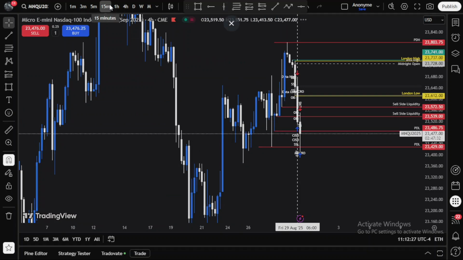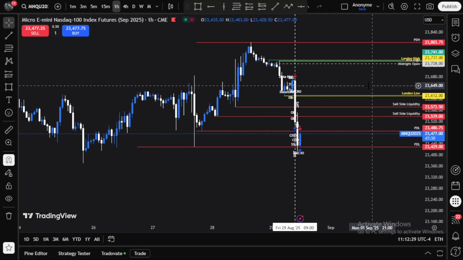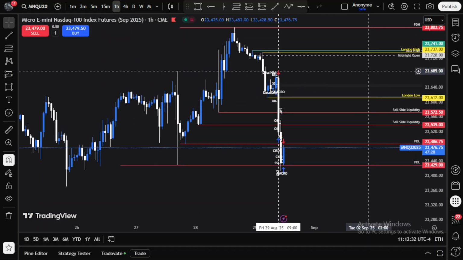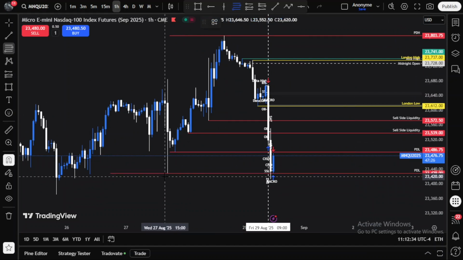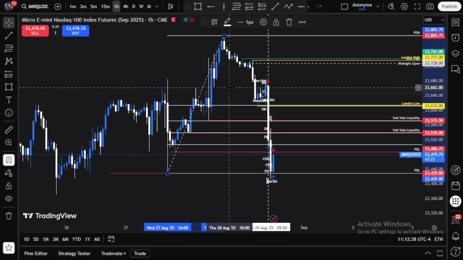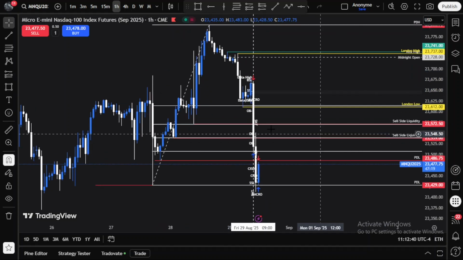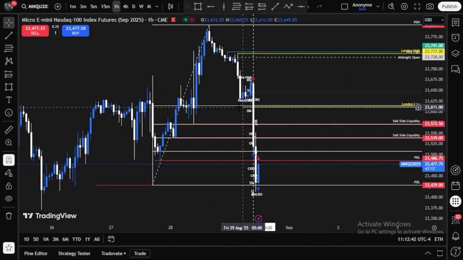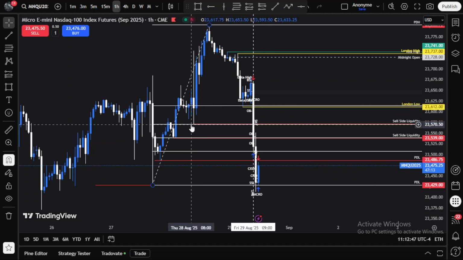So on the 1 hour, I drew the fib like this, and as you can see, we had the London low exactly with the equilibrium level, and we got this low, the AM low, and this low.